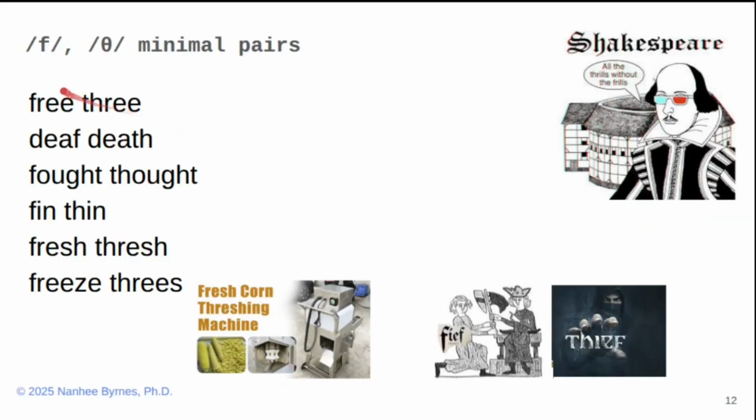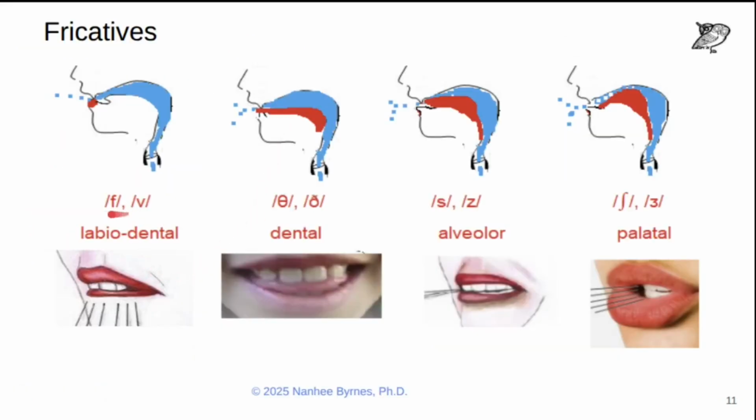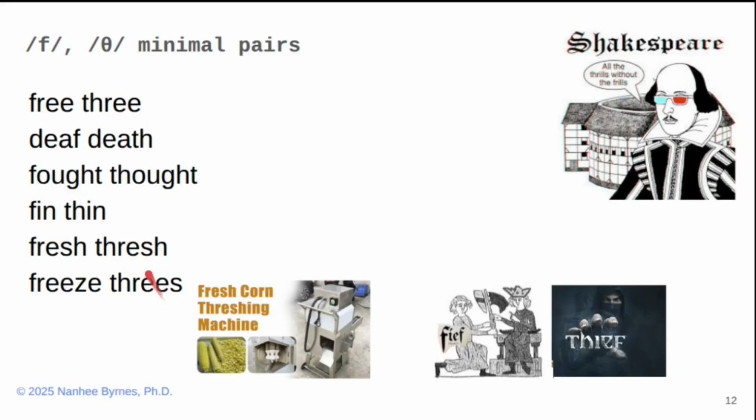F, th minimal pairs. F and th are voiceless fricatives. They differ only at the place of articulation. Fa is produced with upper teeth and lower lip, and tha is produced with the tongue between the teeth. These are the minimal pairs. Free, three. Deaf, death.